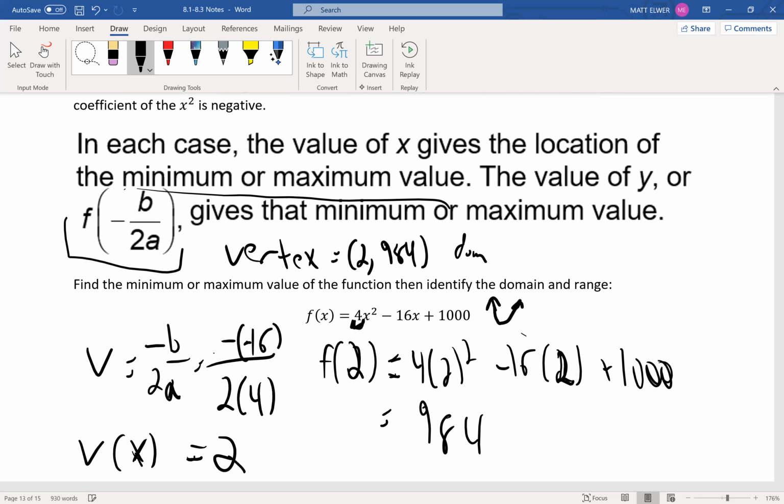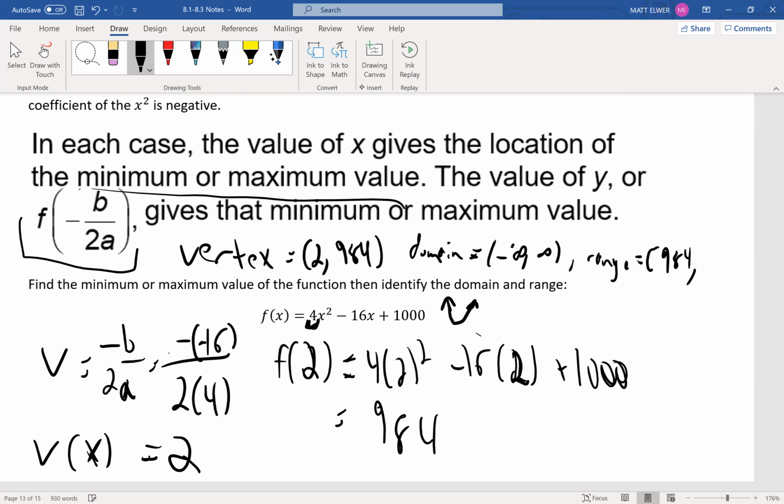So my domain is equal to negative infinity to infinity, right? And then my range is equal to, notice that I have a minimum, right? My lowest y value is equal to 984. And then my maximum value, notice it goes all the way up to infinity, right? So my maximum value here is infinity.